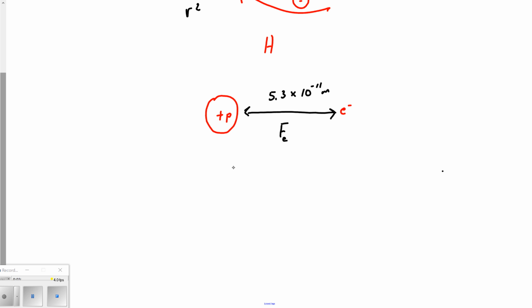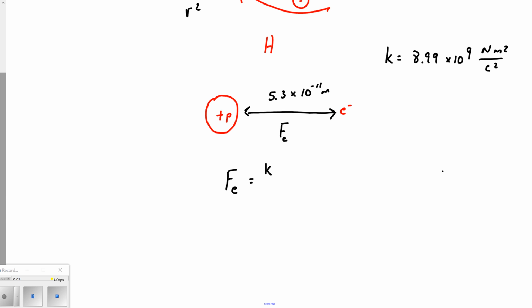The electrostatic force would be equal to K. We haven't even addressed what K is yet, but that's Coulomb's constant, 8.99 times 10 to the 9. The unit is super jinky: newton meters squared per coulomb squared.